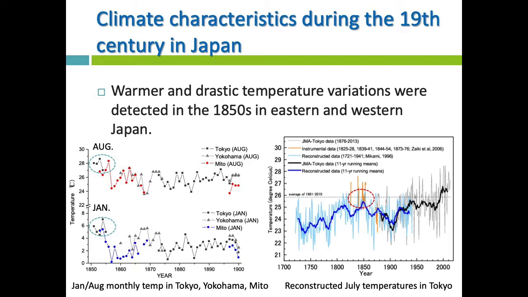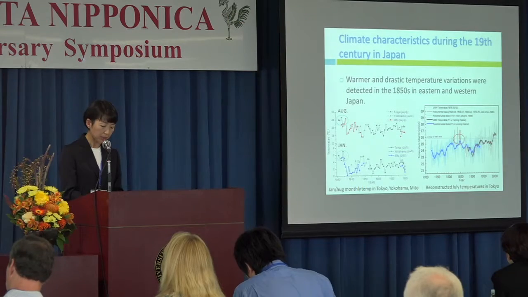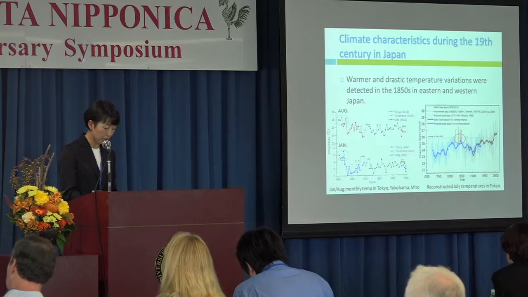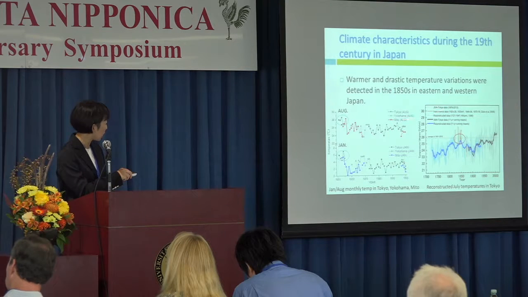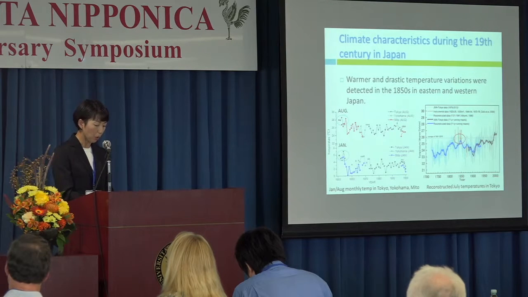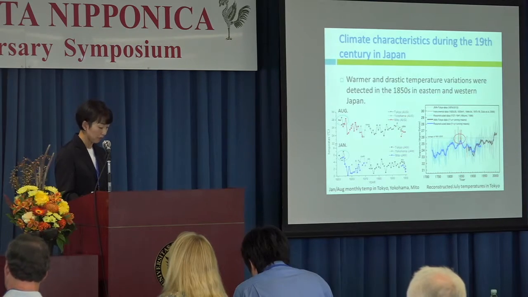This also shows warm spikes around the 1850s. So it was already known that cooler climate conditions occurred around the 1830s and 1840s when the Tenpo Great Famine happened. In this study, we found that climate has shifted to a warm epoch in the 1850s right after the cold climate spell in the 1830s and 1840s.